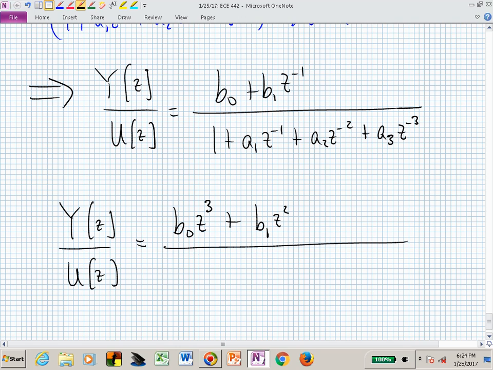We had 1, well, we're scaling that by z cubed. We're hitting a1 z to the minus 1 with z cubed, etc. Now we have a transfer function in the frequency domain that describes that same dynamic relationship of input to output, except now we're in the z domain.